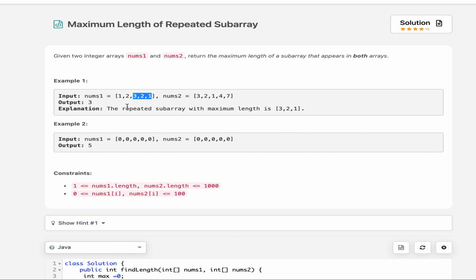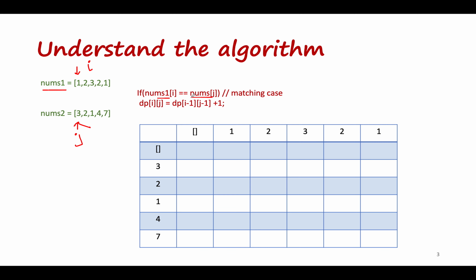Whenever you find that nums1 at the ith index is equal to nums2 at the jth index, you will update your dp value, the length of the maximum common subarray, to whatever the value was at index i minus 1, j minus 1, plus 1, and you will understand it once I go through this table.